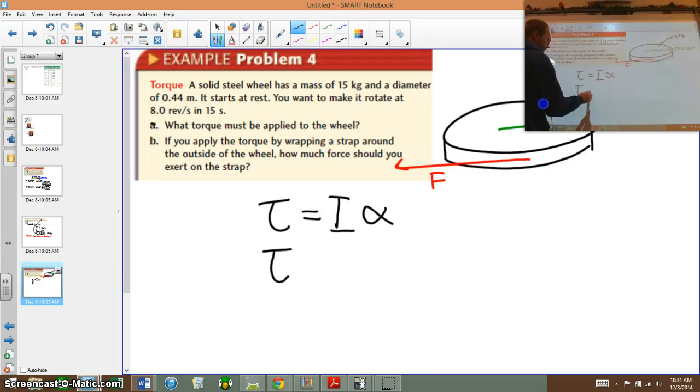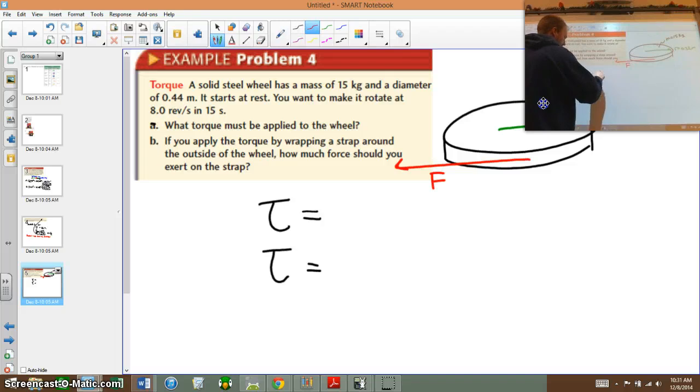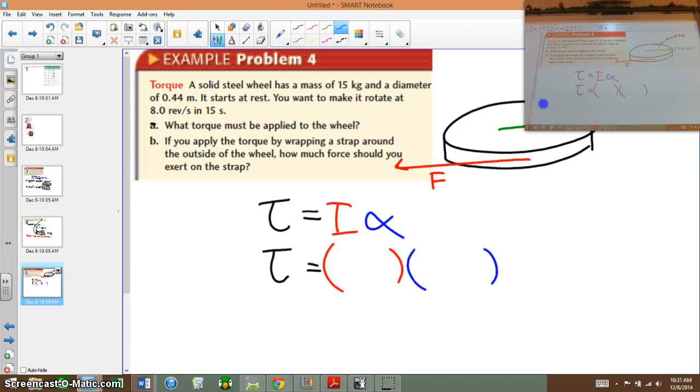So I know I'm looking for this, which must mean that I know the moment of inertia. I'll color code these things just to make it a little bit easier. So I'm going to look for these separately, and I multiply them together, and I'll get how much torque. Moment of inertia, first of all.